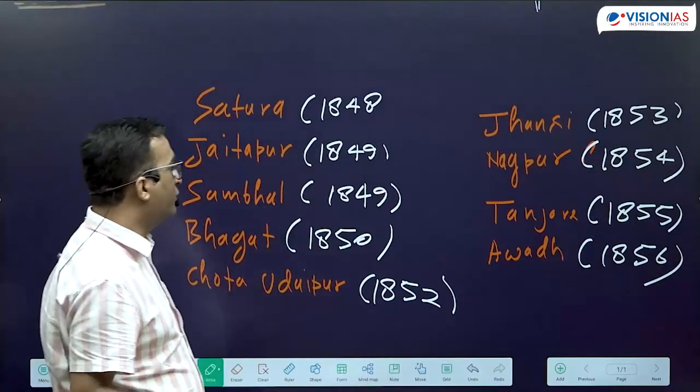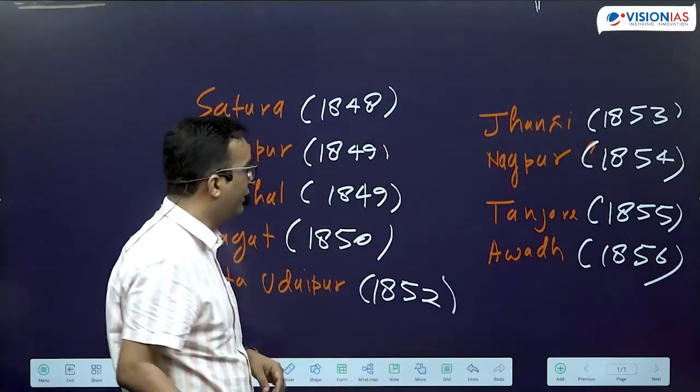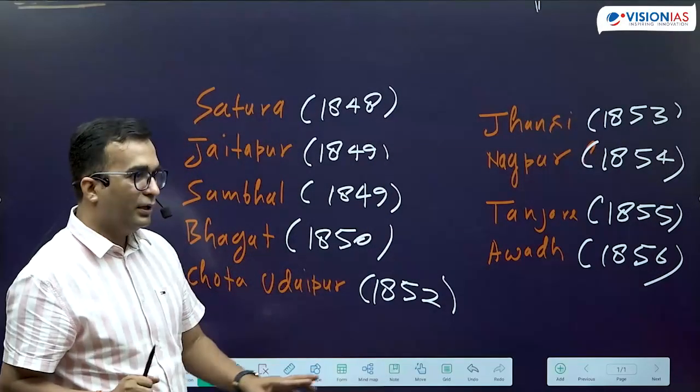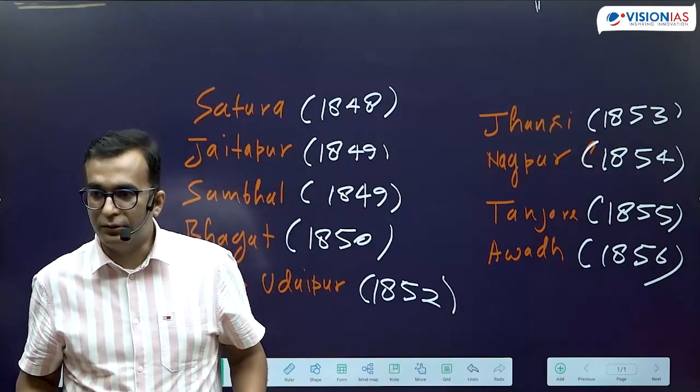So there are only two states which were annexed in 1849. The rest of them were in different years. And you can remember that in 1851 there was no annexation.